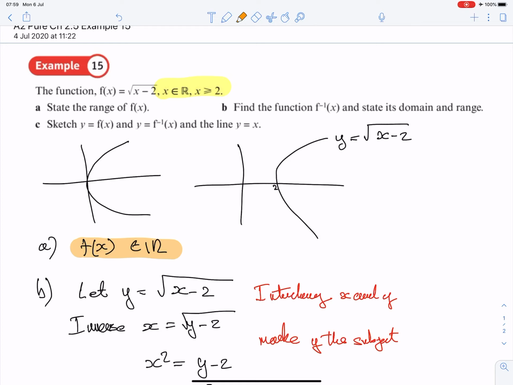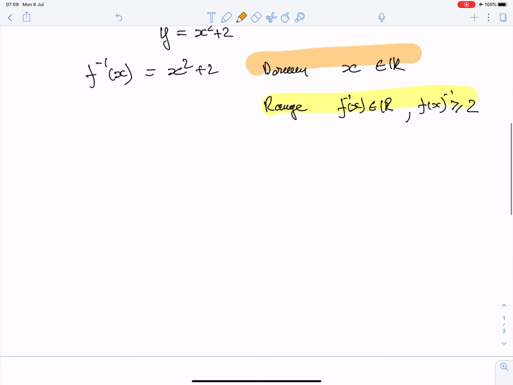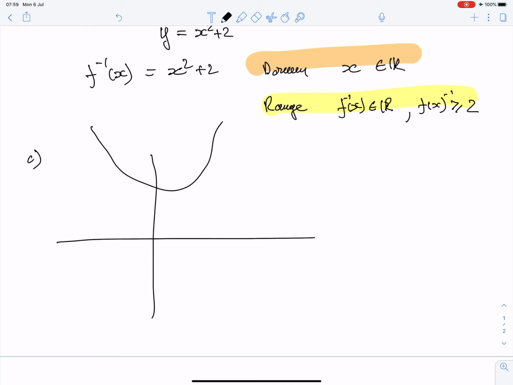Sketch f of x and f inverse of x and the line y equals x. So part C, we've got y equals x squared plus 2, and that was at 2, not very well drawn here, sorry, and similarly here 2.